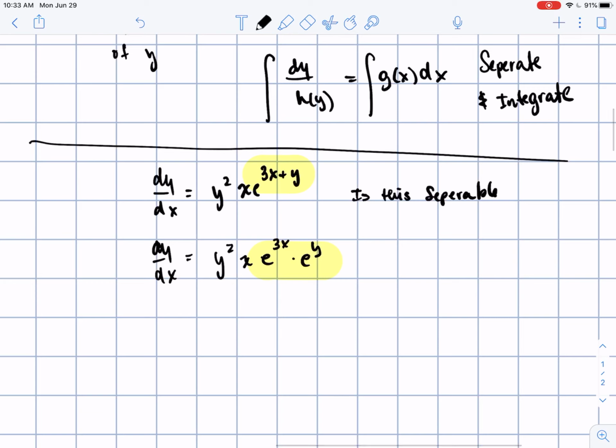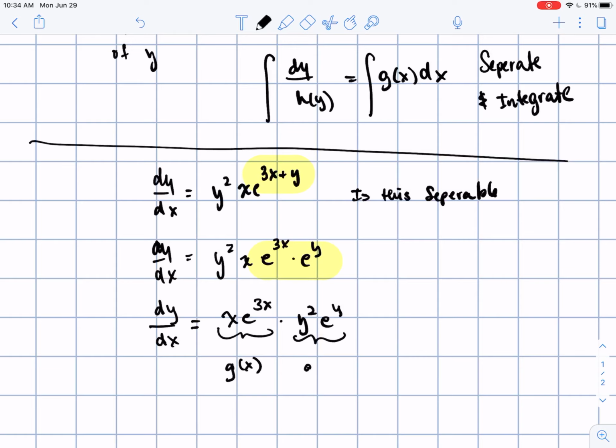Now, if I group, and you don't have to do all these steps if you notice it right away, say I group the x's together and group the y's together. You can see that here you have a function of x, let's call it g of x, and here you have a function of y, so let's say h of y.